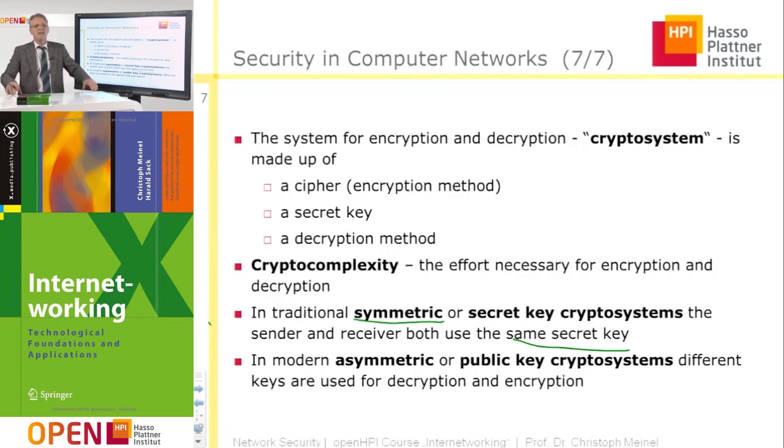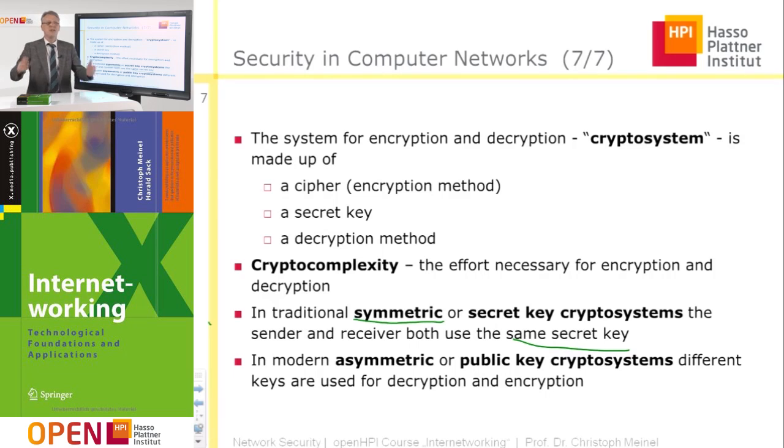Every person only has this private key, and it is never necessary to exchange it. We have no time to go into more details. The asymmetric systems, the public key crypto systems, are much more computationally intensive. They are better suited for communication in the internet.